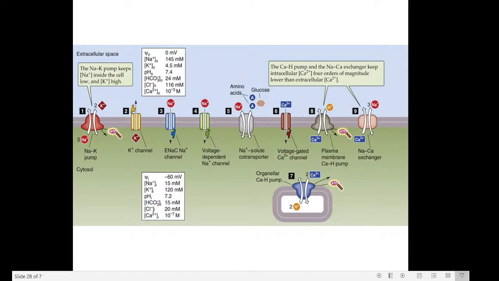And then calcium is 10 to the power minus 3 outside, and inside the cell 10 to the power minus 7 millimolar. These are all very important at the cell surface.